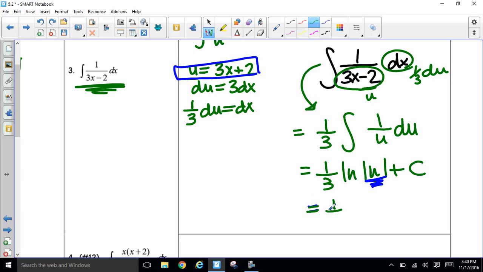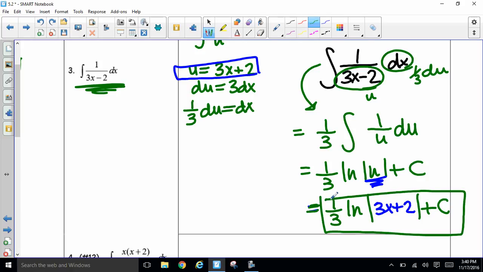So this is going to turn into 1/3 times natural log absolute value of 3x minus 2, and then plus c. And then I would think through, do I need these absolute values or not? Well, yeah, I have no idea what x is. So if x is like -1, then this becomes -3 minus 2, and it's a negative overall that I'm trying to take the natural log of, which can't be. So I've got to leave those absolute values on. So that's my final answer.